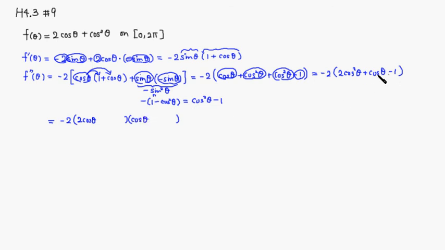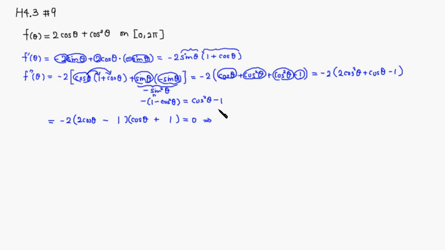So we have to get negative 1, so one of them has to be plus 1, the other one has to be minus 1. We have to get a positive sign here, so 2 times 1 is plus 2, and minus 1 times 1 is minus 1, which gives you plus 1. All right, so we set that equal to 0 to find the x coordinates of the possible inflection points.